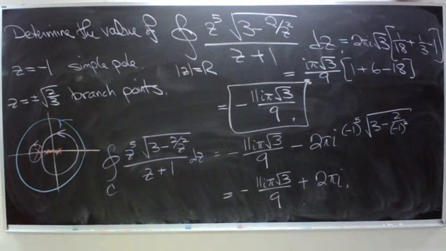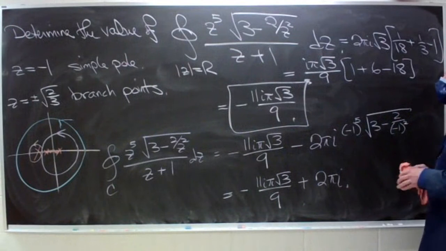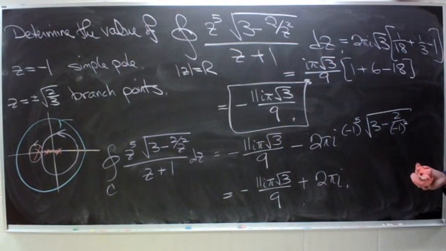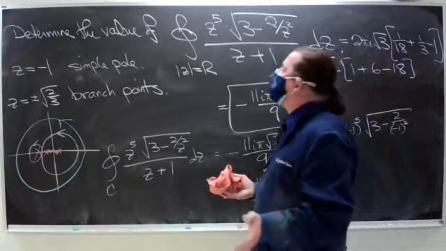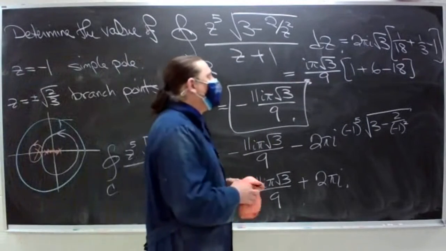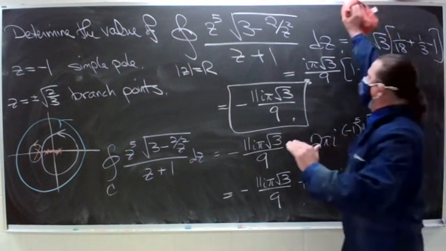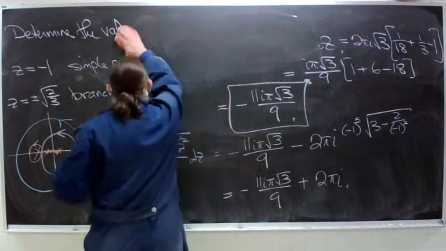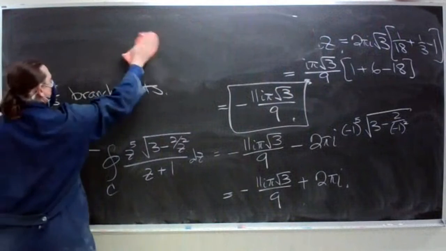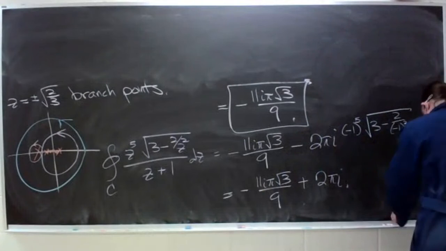The evaluation of this second piece is given a special name. All right? It is called the residue. So the residue of a function at a particular isolated singularity is defined in this way.